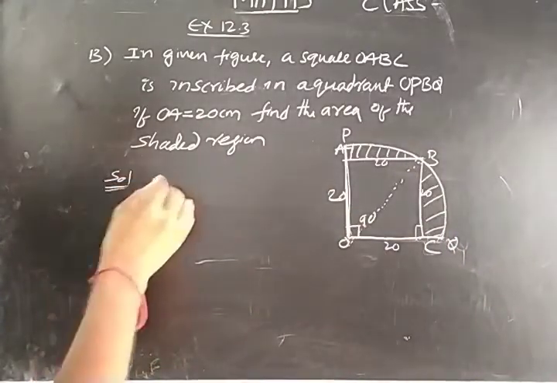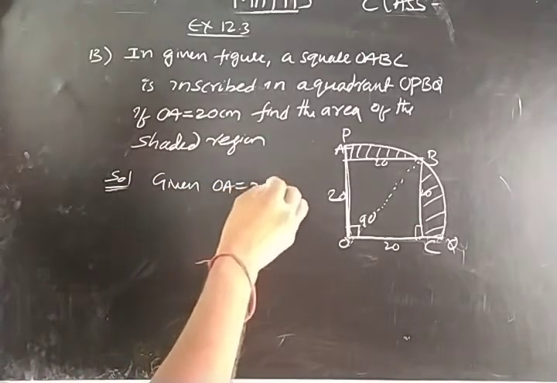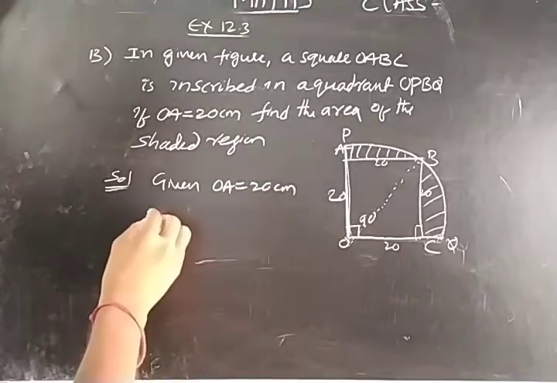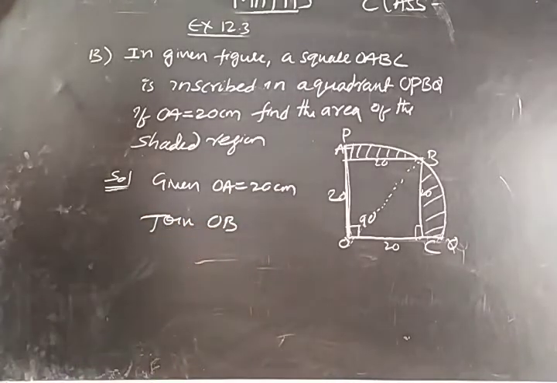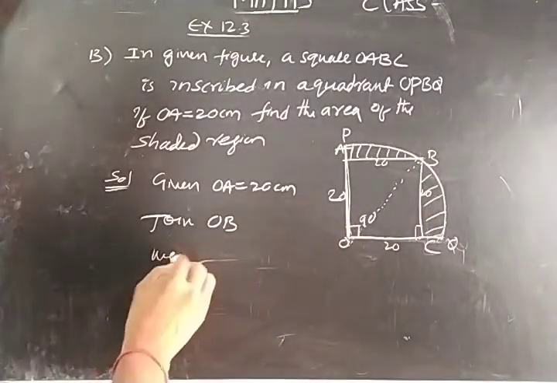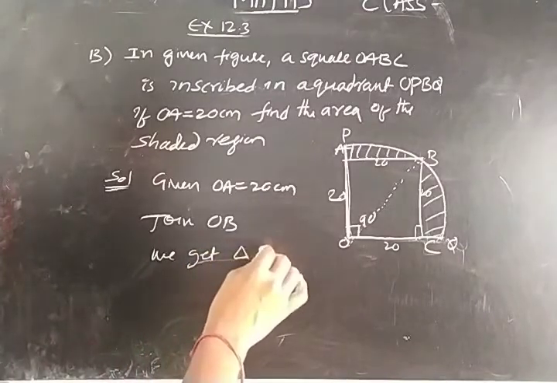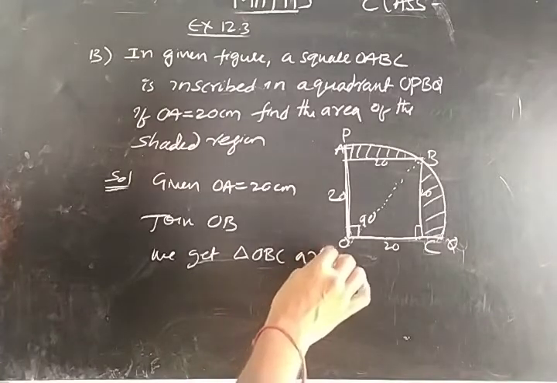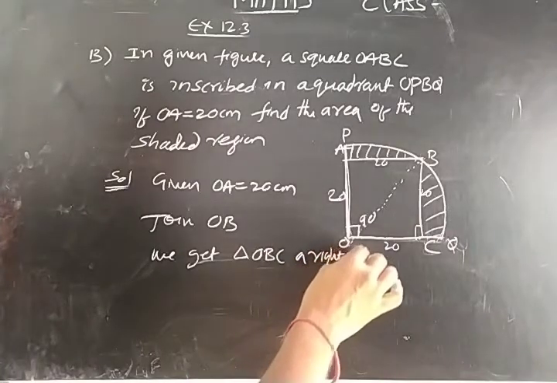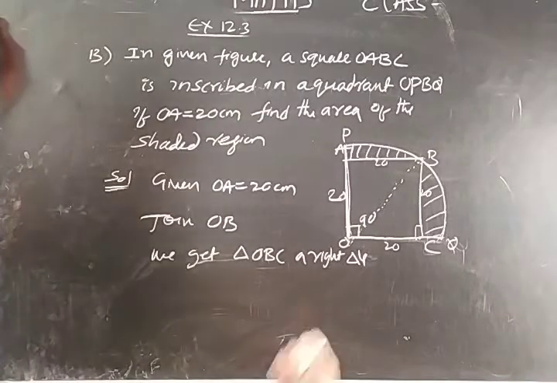Solution. What is given first? Given OA length is 20 centimeters. Join OB. After joining OB, we get triangle OBC, a right triangle.